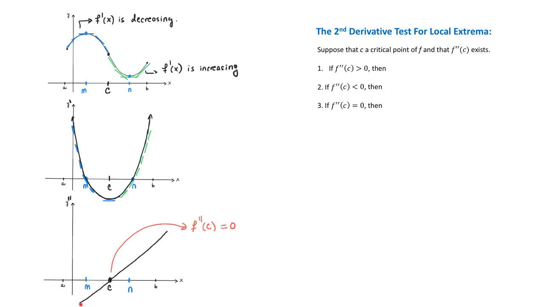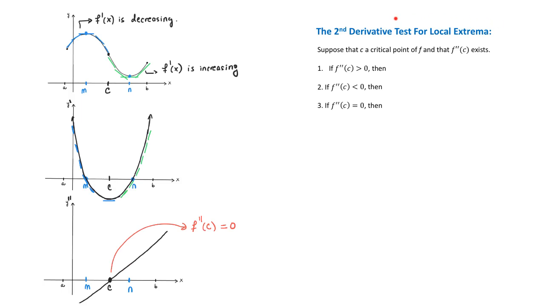At m, the second derivative is negative. This is where we had a local maximum. Local maximum at m, second derivative is negative. And over here at n, local minimum. Let's look at the second derivative. The second derivative is above the x-axis, so it's positive.